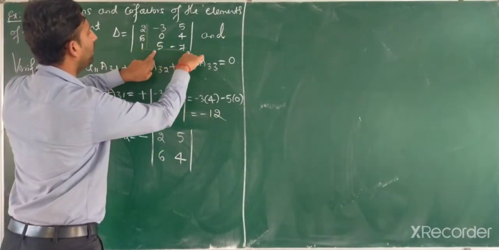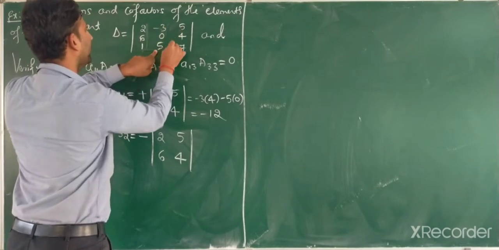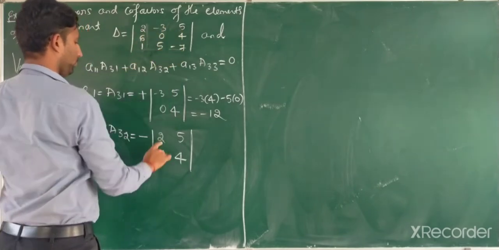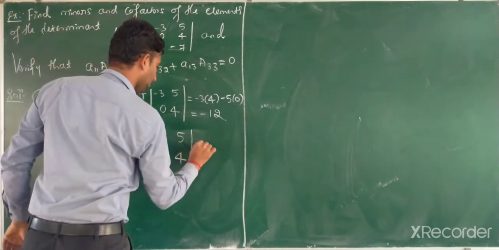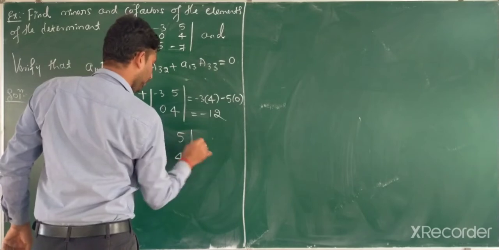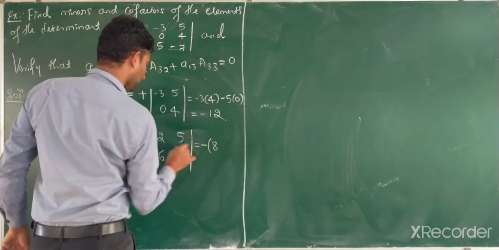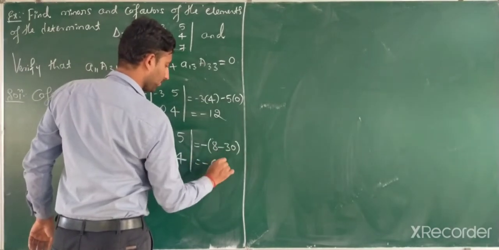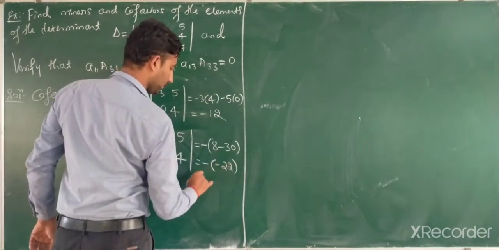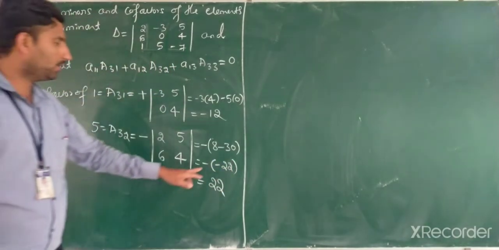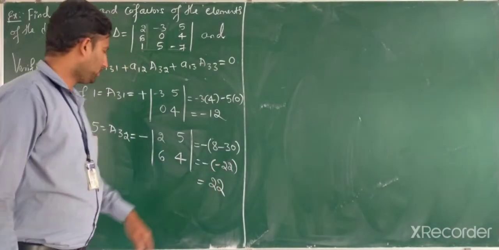This we have to eliminate. Correct? What remains? 2, 5, 6, 4, which is nothing but minus of 2 into 4, which becomes 8, minus 30, which is equal to minus 22, which is nothing but what? Plus 22. Minus of minus 22 is plus 22.